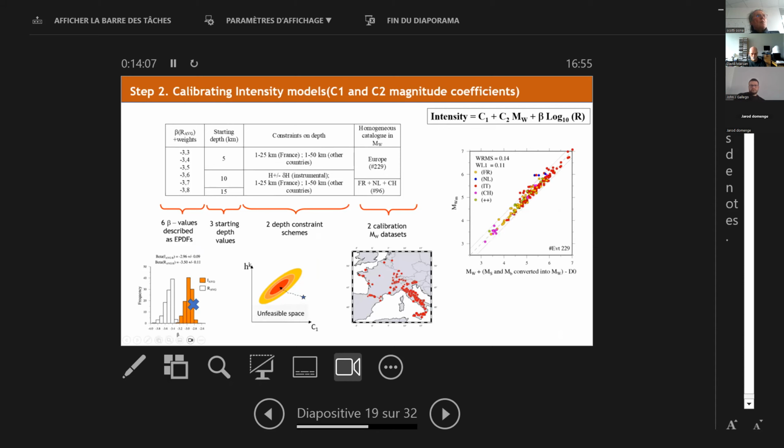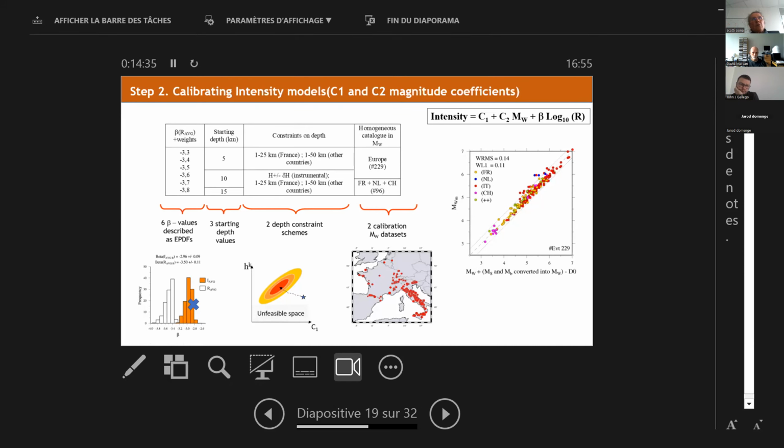And then again, we test different starting depths. And we have to make quite a few hypotheses about the depths that we can allow in these inversion schemes, unfortunately. And then, of course, depending on how wide an area you use in terms of calibration events, you will get a different response.